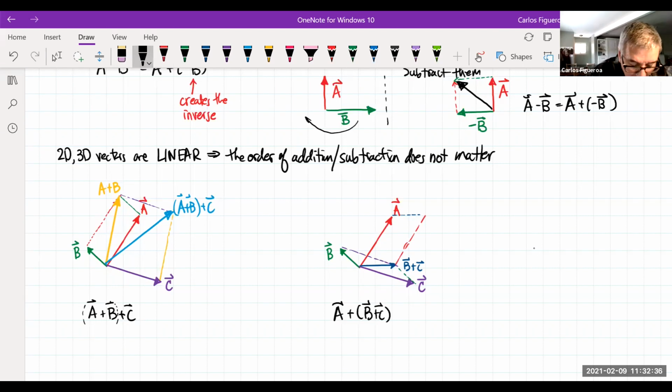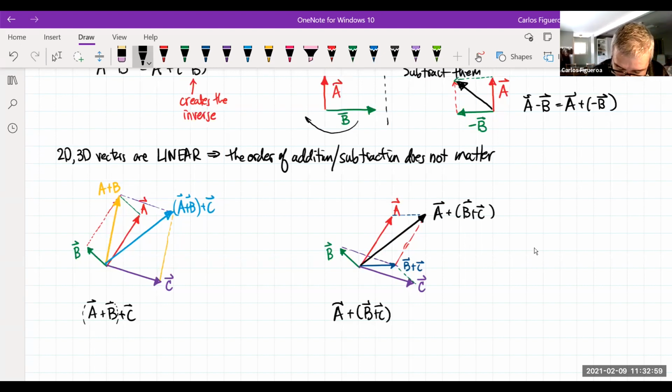And then I have a resultant. What does my resultant look like? If I did a good job and was really, really careful, then this should be A plus B plus C. And you can see that they look close. I mean, they're pretty close.